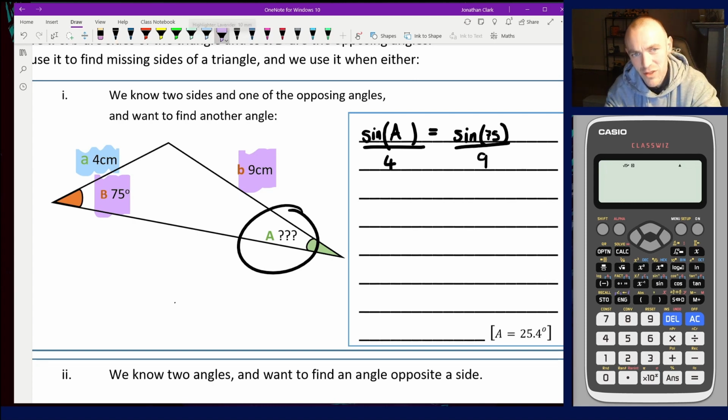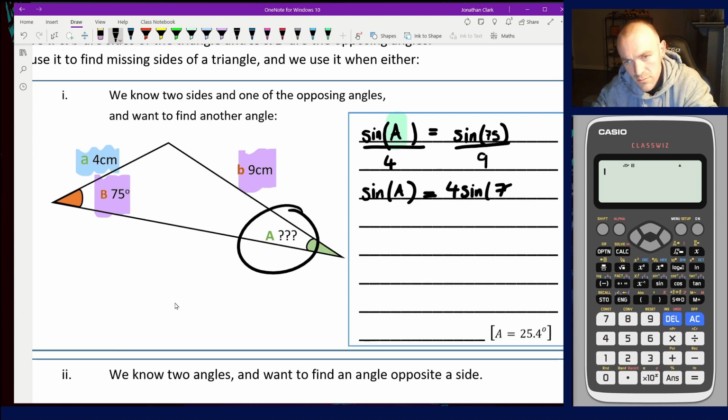Amazing. And now there's only one thing in this formula that I don't have, which is the capital A. I'm going to rearrange this expression, move the 4 and multiply. I'm going to write this on the next line. It's going to look like this. Amazing.